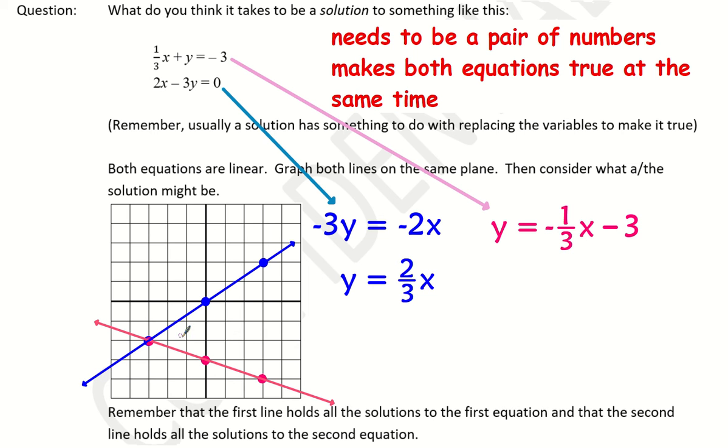So these two lines intersect at the point -3, -2. Not too shabby. So the final answer, and there's only one of them, so there's only one ordered pair in the whole world that makes both of these equations true and therefore solves the system: -3, -2.